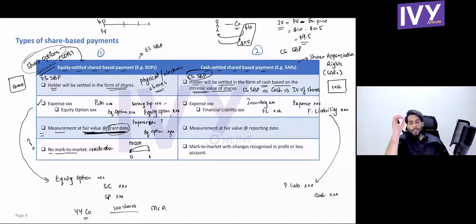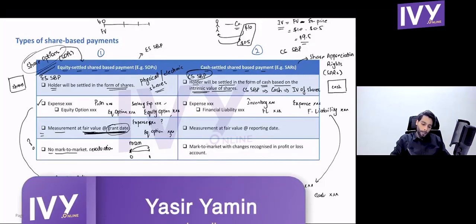Now just stop and clearly think for a while. I'm YY company. I promised Mr. A 100 shares. Just think how I would have arrived at the concept of 100 shares. I would have thought in my mind that I want to pay Mr. A, for example, $1,000.